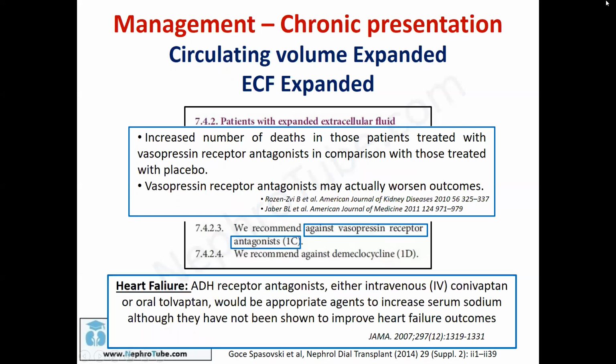And also, although there are some trials that used vasopressin receptor antagonists, either intravenous or oral, they improve the sodium level, but haven't been shown to improve heart failure outcomes.